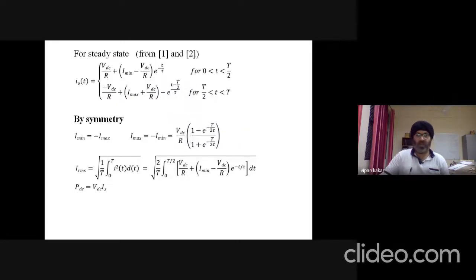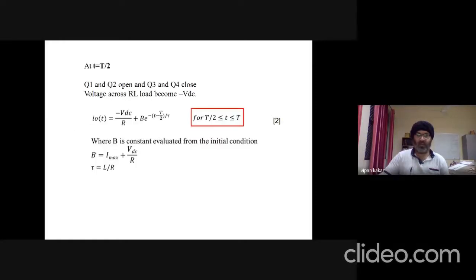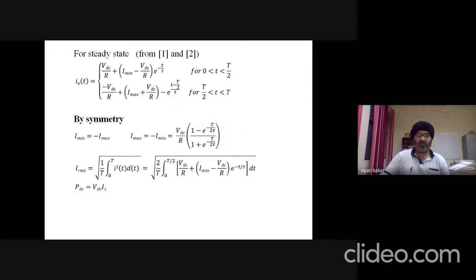Summing them all together, from 0 to T by 2, we have this value of current due to the switching on of Q1 and Q2. And from T by 2 to T, this will be the current at the output due to the switching on of the second pair, which is Q3 and Q4.